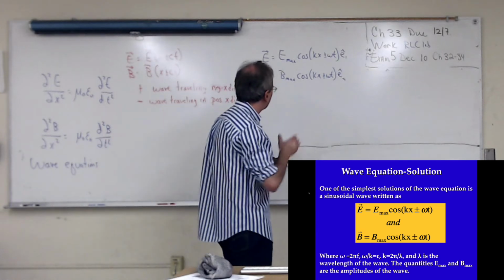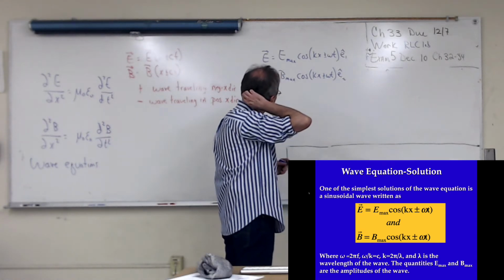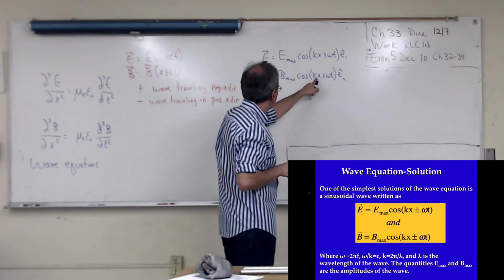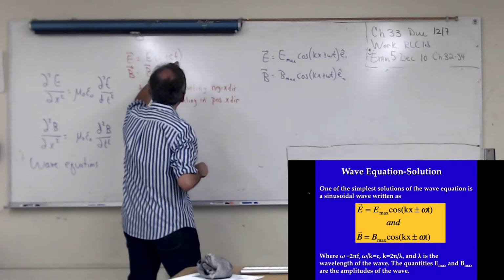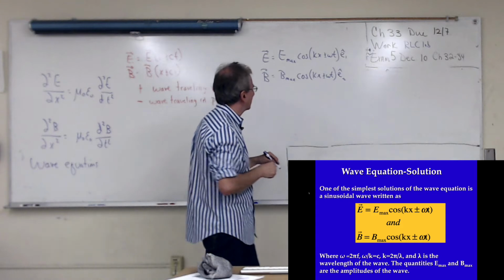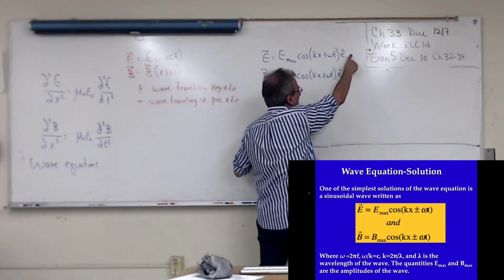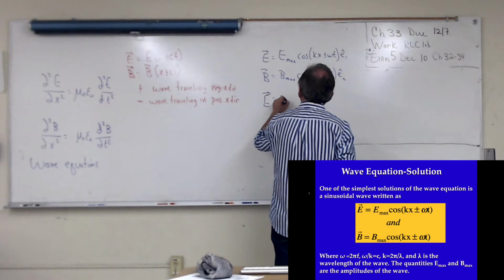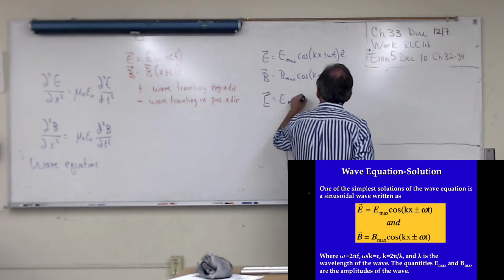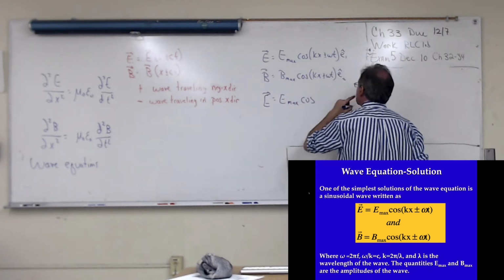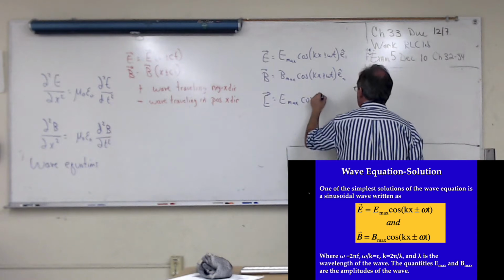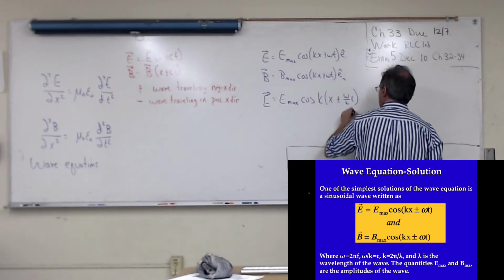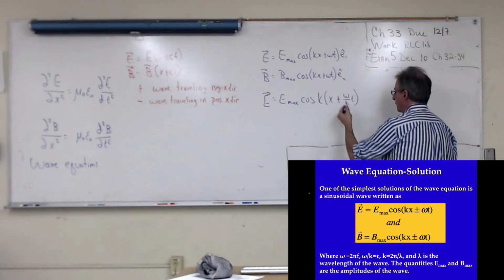You might be saying, how come I have a k here, but I have an x and a c here? Let me rewrite this. And these are just generic directions that are perpendicular to x. I can write E equals E max cosine, factor out the k. And what's omega over k?